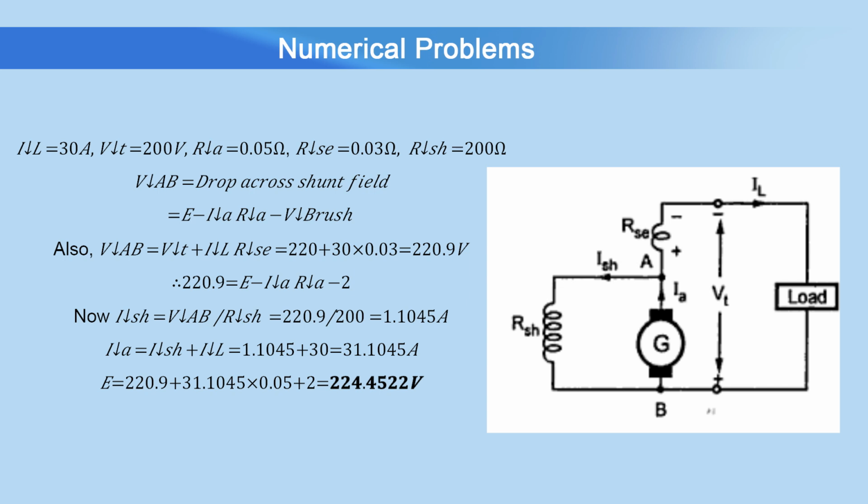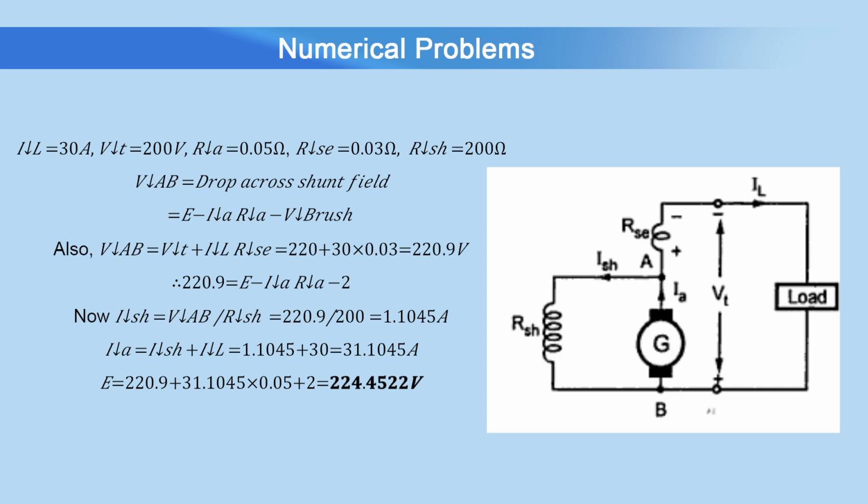Okay, so in order to get the value of voltage across the armature, how can we find it out? VAB, which means the voltage across the armature, is equal to terminal voltage plus IL into RSE, where RSE is the series field resistance. So substituting the values of VT, IL and RSE, you will get the voltage across the armature, which is 220.9 volt.